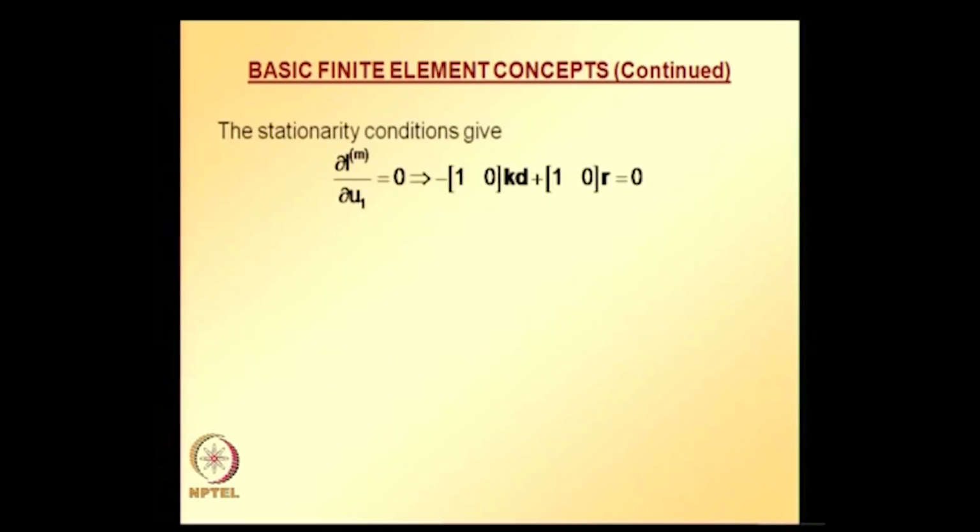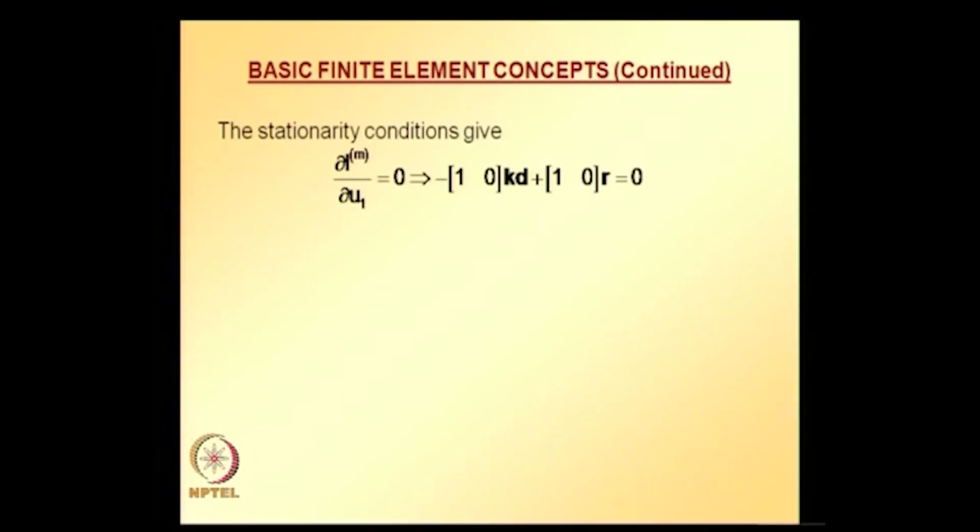You need to apply the stationarity conditions now for this equivalent functional, that is, the partial derivative of I with respect to u1 is equal to 0. You get one equation. This is similar to what you already obtained for the element equation without boundary condition.